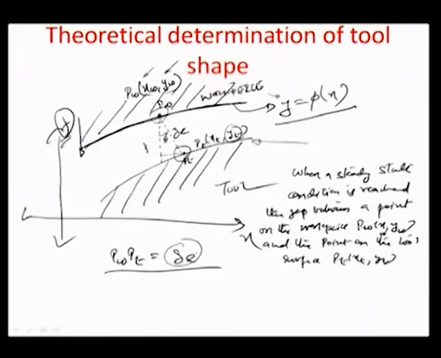So, if you look at the positional relationship between these coordinates xw, yw and xt, yt, the xt is forward displaced from the xw by an amount g sin theta, where g is this gap here between Pw and Pt, right.